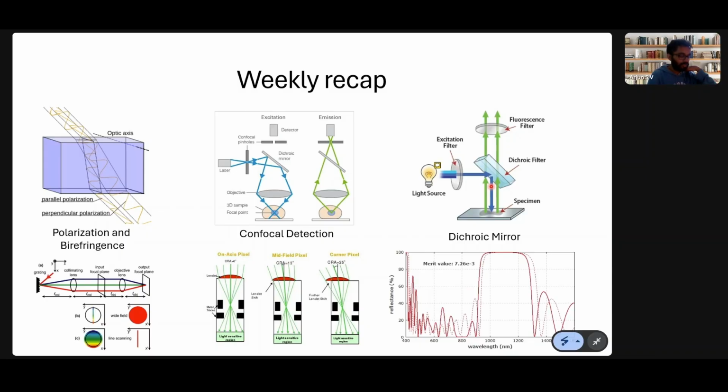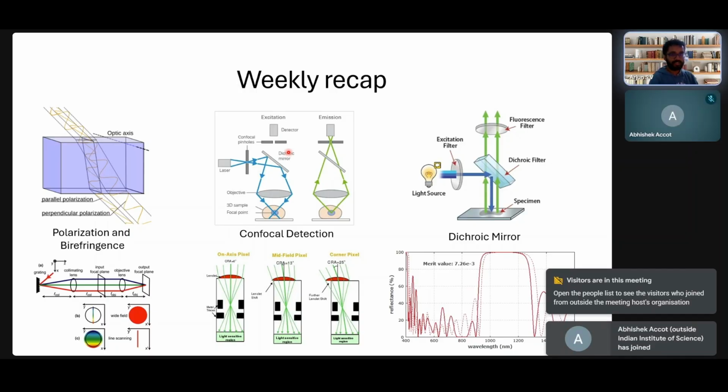After that, we went to confocal microscopy, where we saw the lens equation, which you might already know, which draws a relationship between the object length and the image length using the focal length.